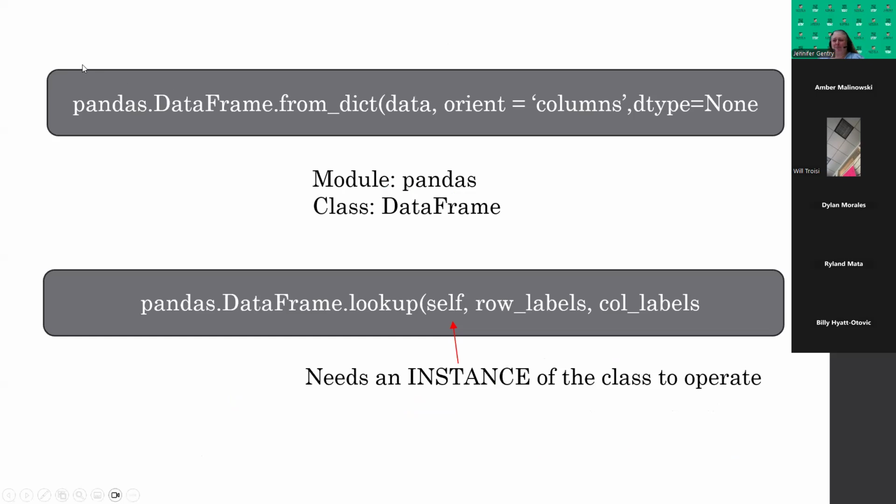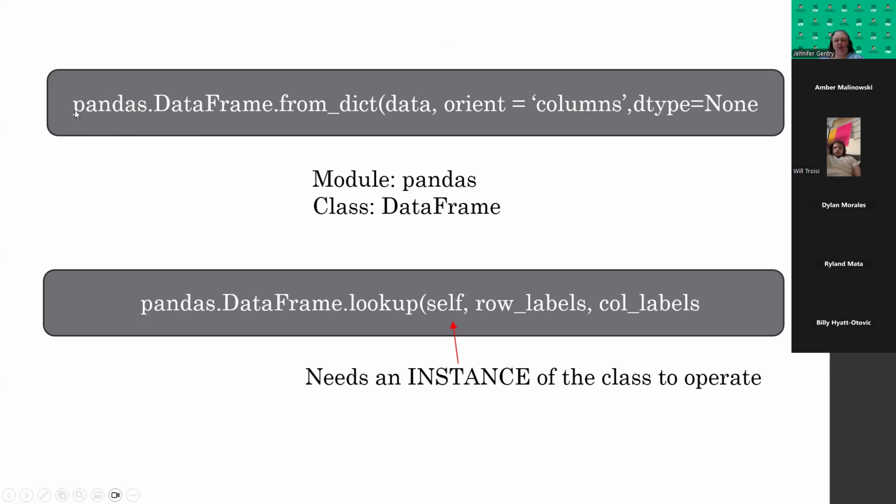So here I do have, this would be kind of what you would see at the beginning of a module. Okay, so pandas.DataFrame.from underscore dict, data oriented data type, and so on. So the module is this pandas. So the first one is the module. The second one is the class.